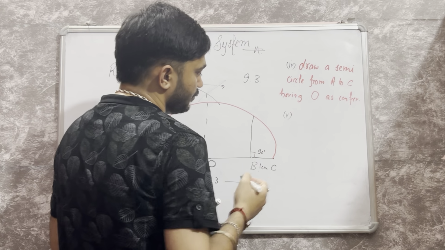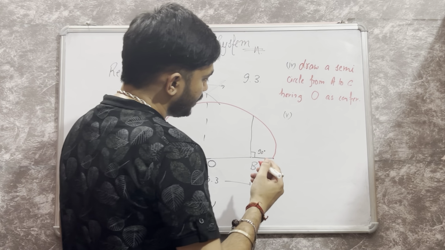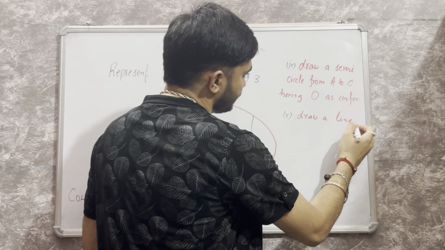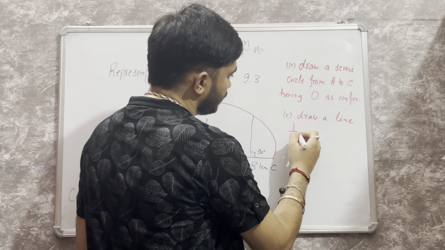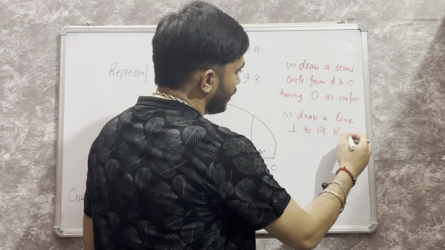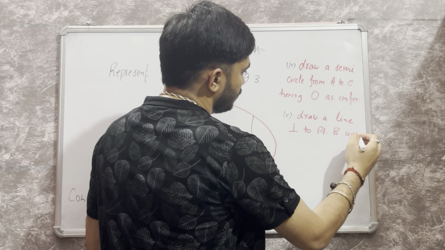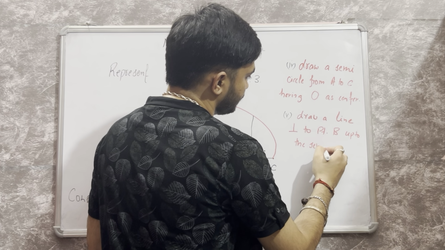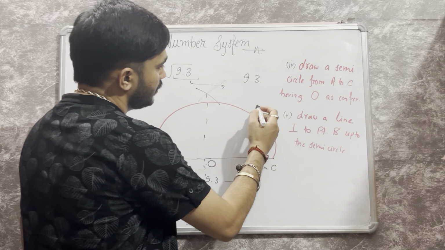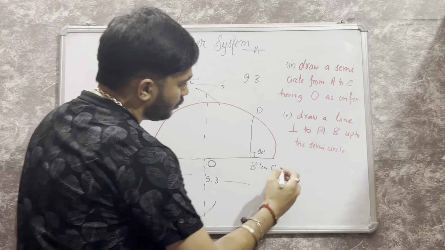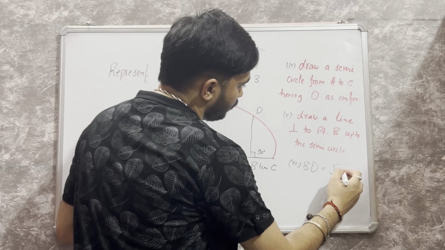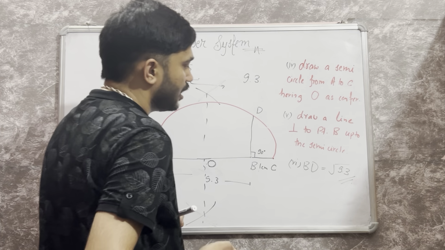And our fifth part will be: draw a line perpendicular to point B up to the semicircle, and name this point here as D. Now sixth part, BD is equal to under root 9.3, is the answer.